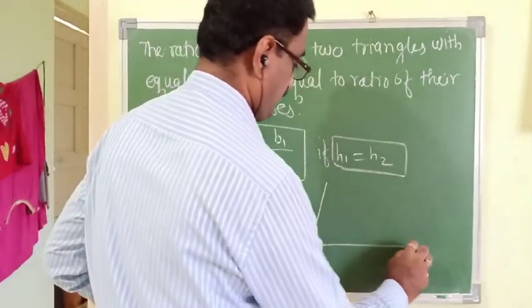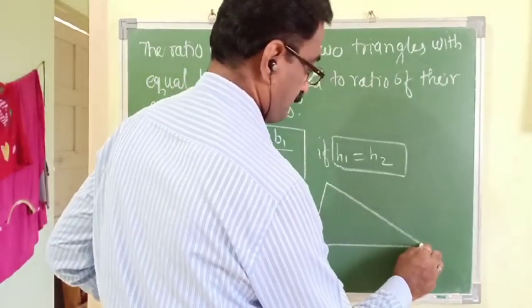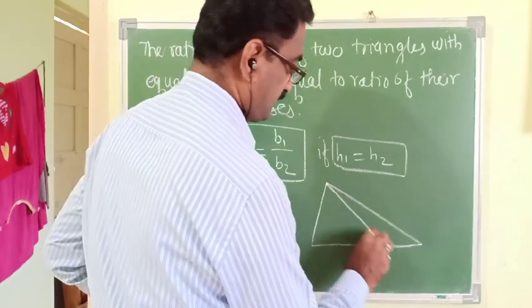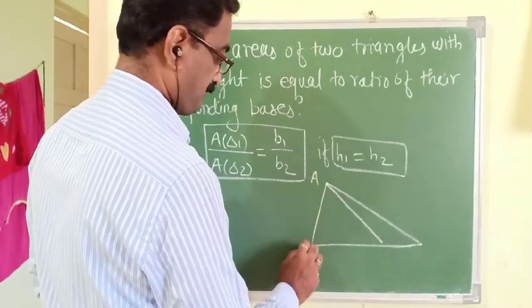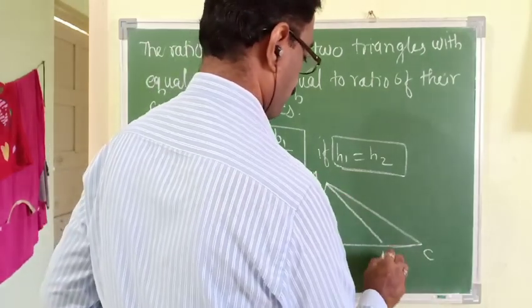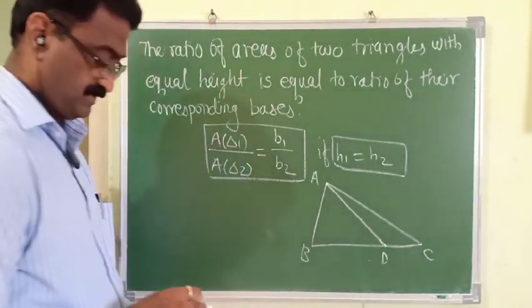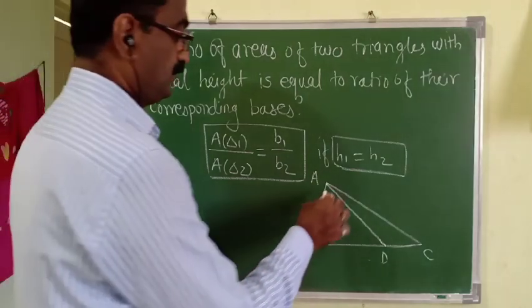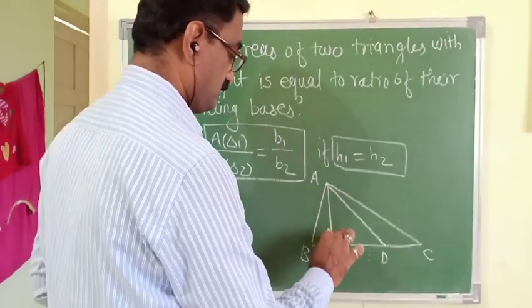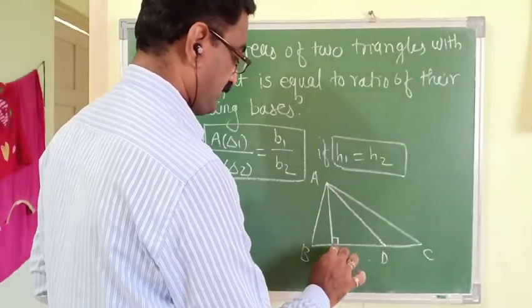I have this triangle. There is another triangle. In these two triangles, suppose this is the perpendicular, AD.